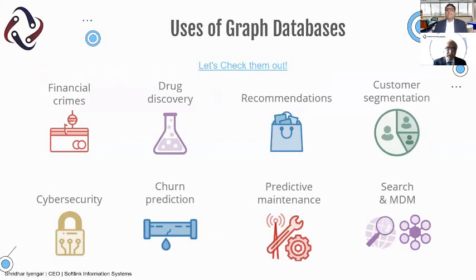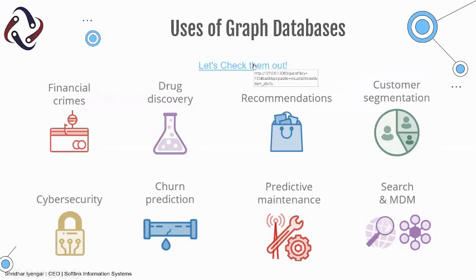The slide on your screen talks about some of the areas where graphs are extremely useful, especially financial crimes, where a lot of attention is there these days, and graph databases have been used extensively. They also find use in drug discovery, recommendation engines, and customer segmentation. These are key areas where it is very difficult to mine information from the tons of data produced by technology and transaction processing systems.